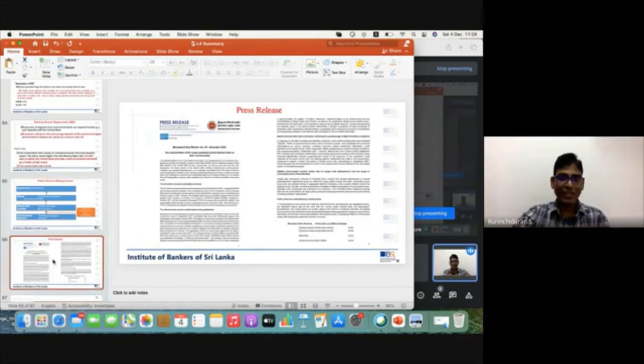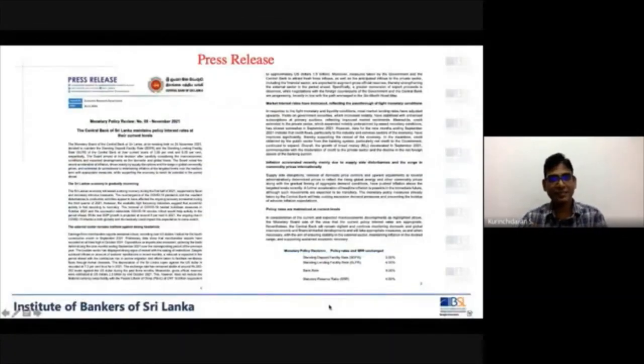Okay. So finally, you might see this. The Central Bank of Sri Lanka has a schedule, right? A monetary policy press release schedule, where they have discussions.